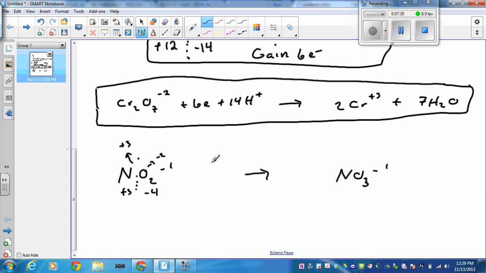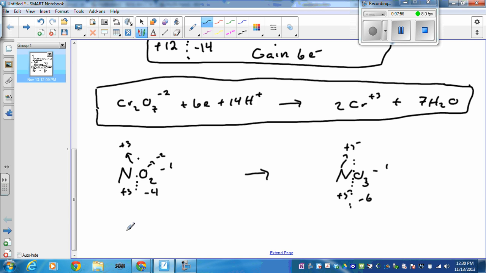On this side, I have each oxygen being minus 2. This is minus 6. So this must be plus 5. So each nitrogen is plus 5.